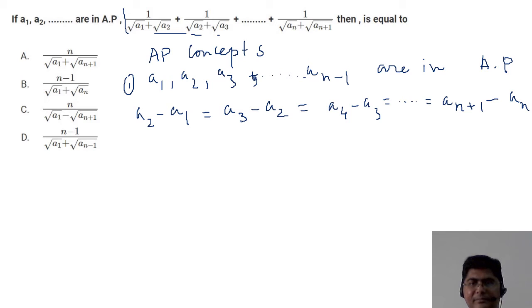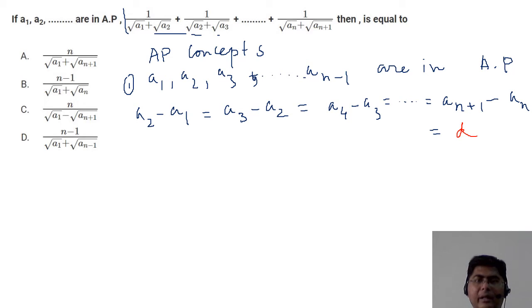This is because in AP there is a common difference. This difference will remain the same. Let us assume this difference is equal to d.